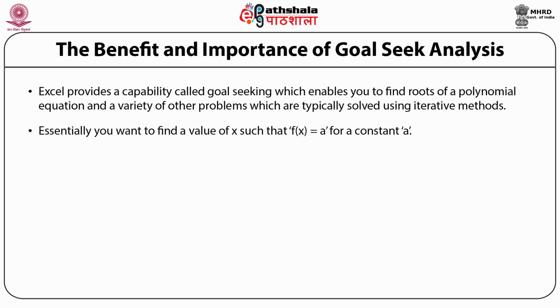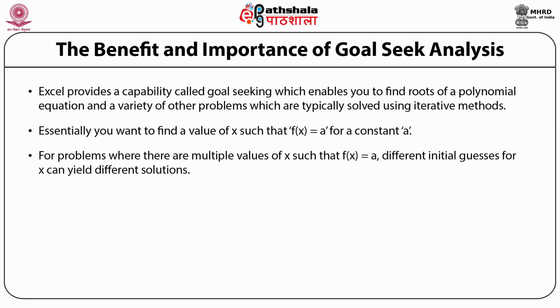Essentially, you want to find a value of x such that the function f(x) equals a for a constant value a. For problems where there are multiple values of x such that the function f(x) equals a, the initial guesses for x can yield different solutions.